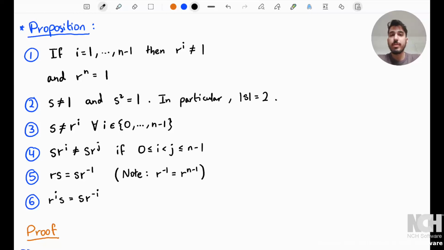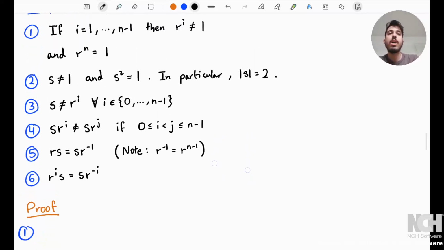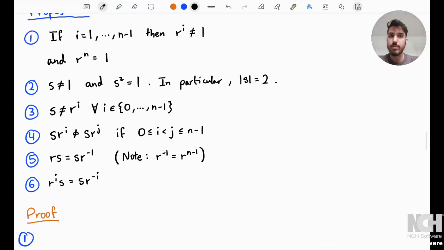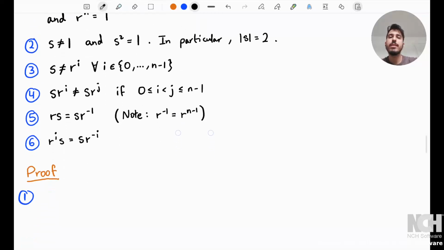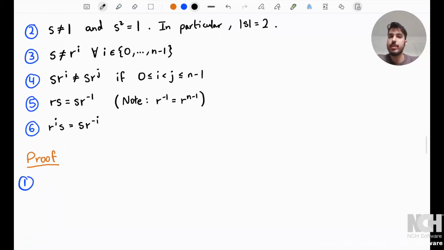Let us now prove the first part of the proposition. We have here i is between 1 and n minus 1, and we want to prove that r^i is never the identity. That means r can never move a vertex to its original place. Let's see what the action of r^i does on a vertex.